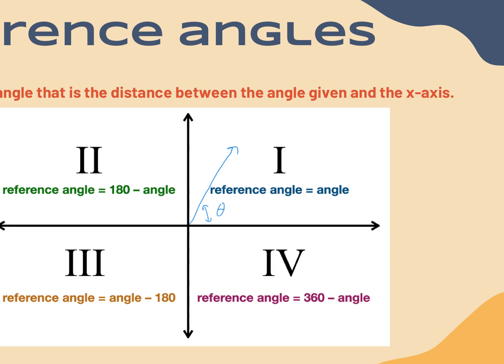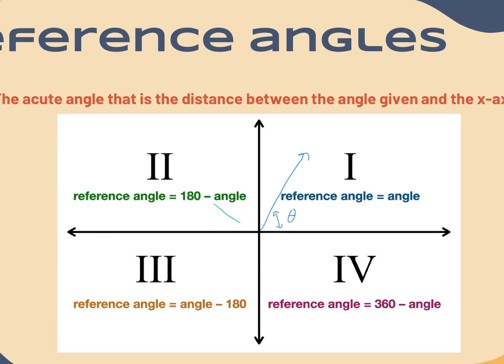But let's say I have one right here, in this quadrant. Well, you have this angle, this is your theta, but your reference angle is going to be an angle that gets you to the x-axis. So to find this little bit, all you're going to do is 180 minus the angle that you have. And you're probably thinking, why are we doing this? It'll help us when we go to find trig values of angles that are bigger than what you see in a right triangle.